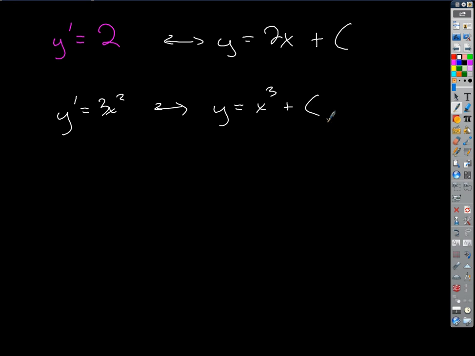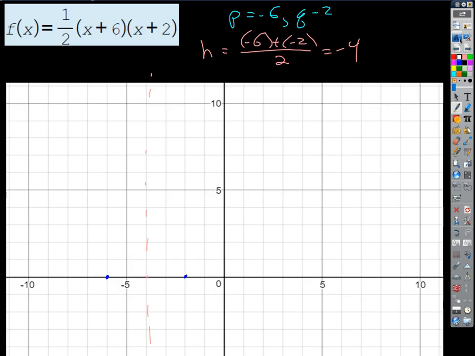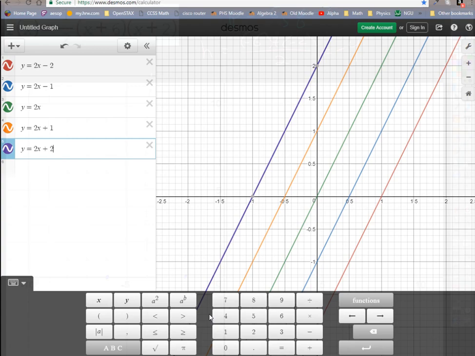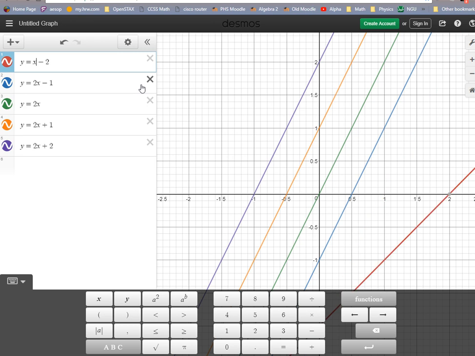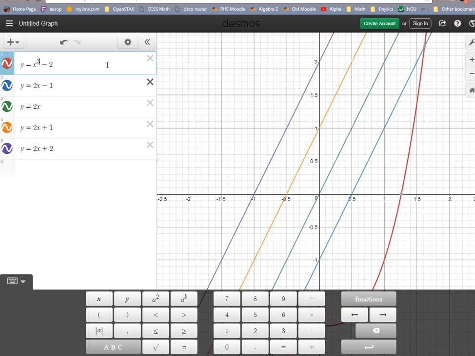And so I could get the same kind of a graph from that, only this time, instead of 2x, I've just got x cubed. So I think I can just cut and paste here.